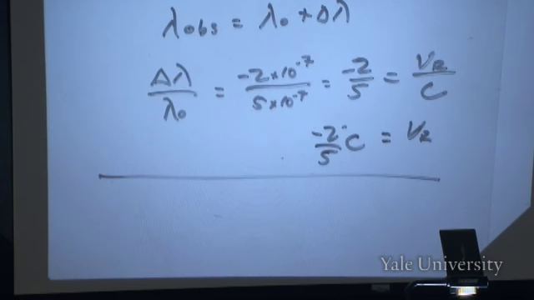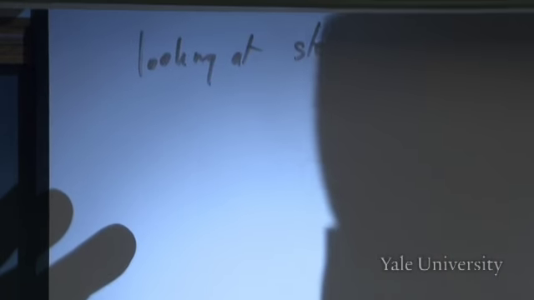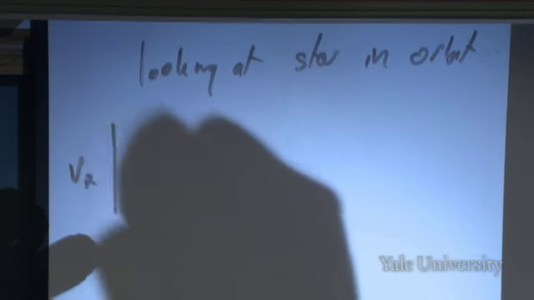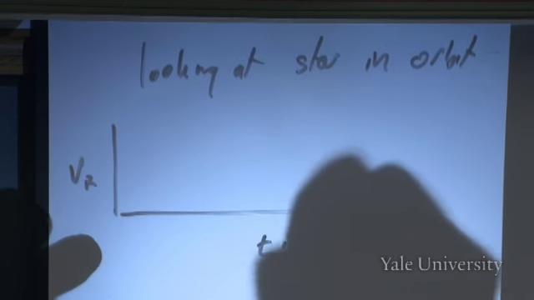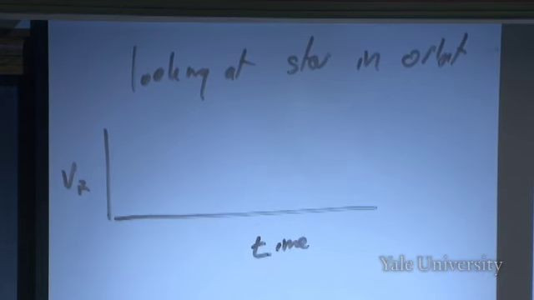So, what do you expect to see when you're looking at a star which has a planet in orbit around it? Looking at a star in some kind of orbit. So here's the radial velocity as a function of time. And the key thing about orbits is that the radial velocity changes. Because first the thing's coming towards you, then later in its orbit it turns around and goes the other way.